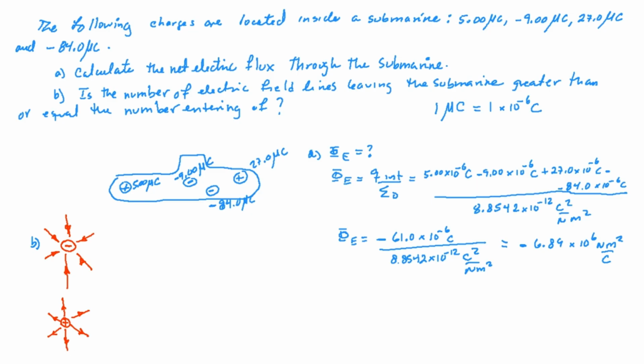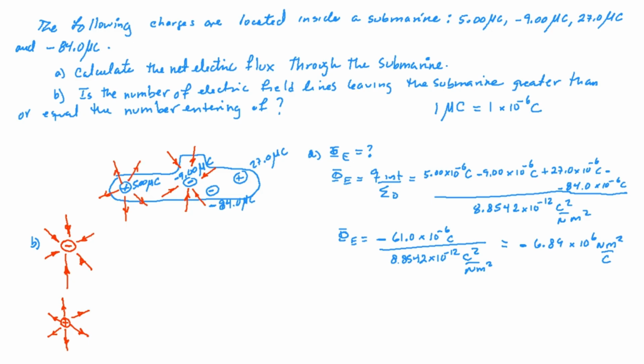Remember, when we have negative charges, the electric field lines point toward the charge. When the charge is positive, the electric field lines point leaving the charge. Now, what happens?